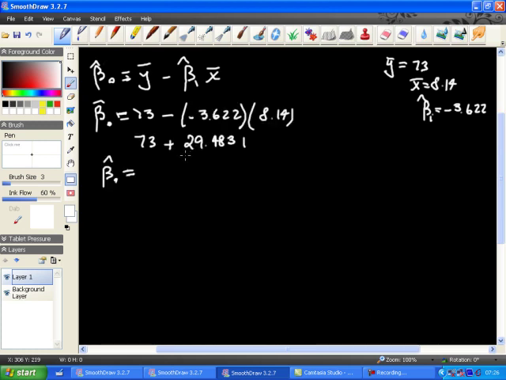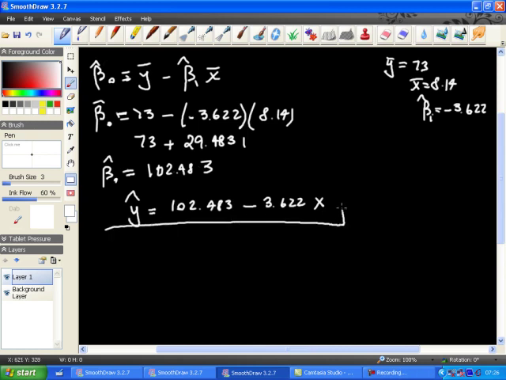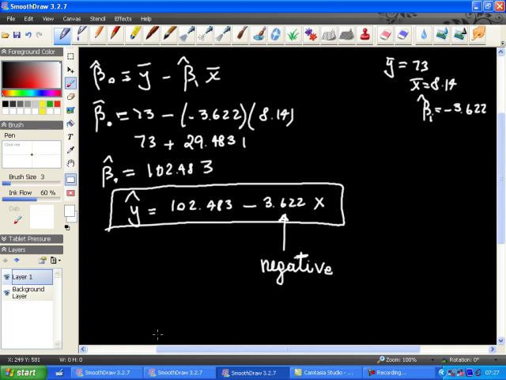So I'll come up with a positive 29.4831, which added to 73 gives me 102.483. And therefore the equation of the regression line will be y hat equals 102.483 minus 3.622x. So it's a negative correlation, and so the slope is negative, and the slope is not related at all to the correlation coefficient apart from the sign. The equation of the regression line will be helpful to find predictions. Thanks for listening.